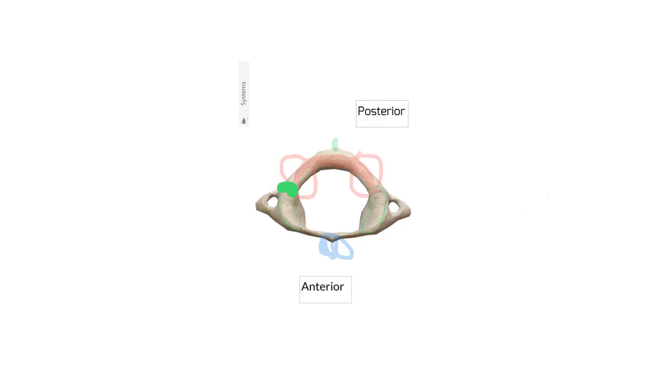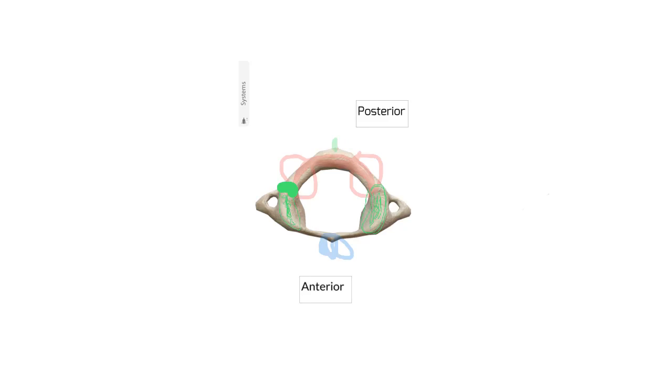Now, again, these are the superior articular processes, and inside you will have the superior articulating facets, which would articulate with the occiput, or the occipital condyles, which would be the bone that articulates superiorly to Atlas.